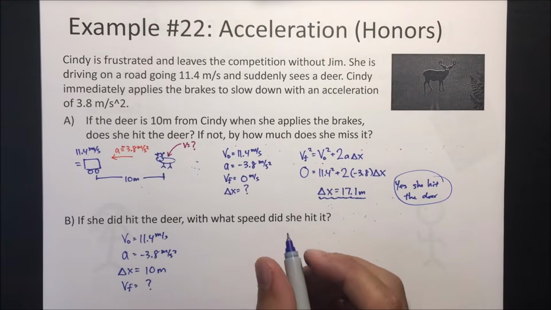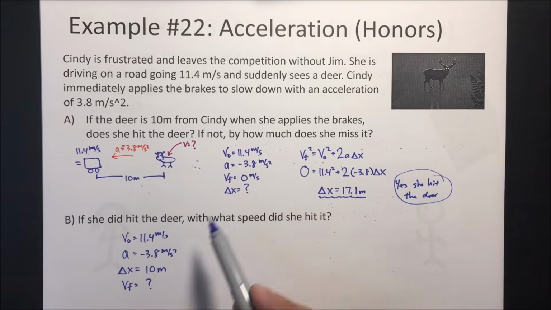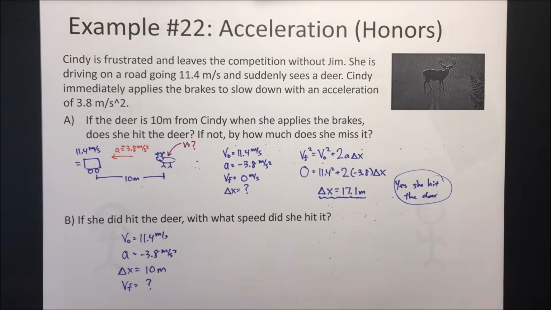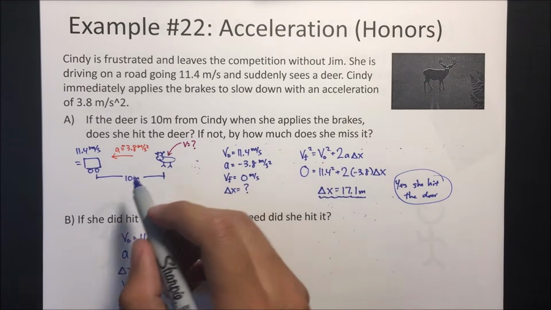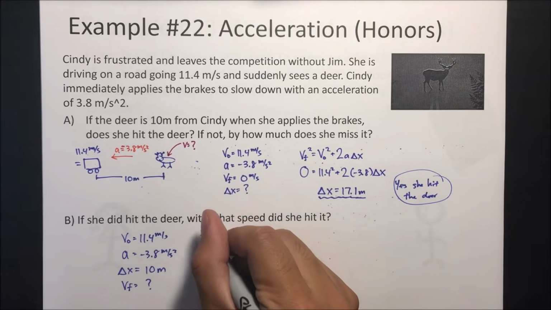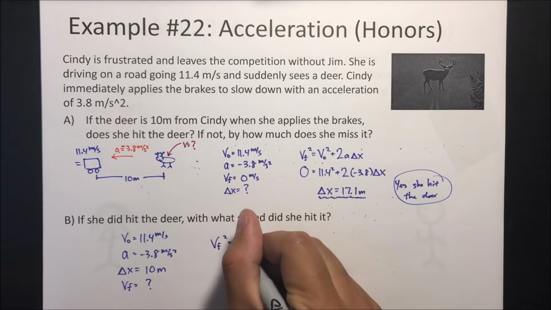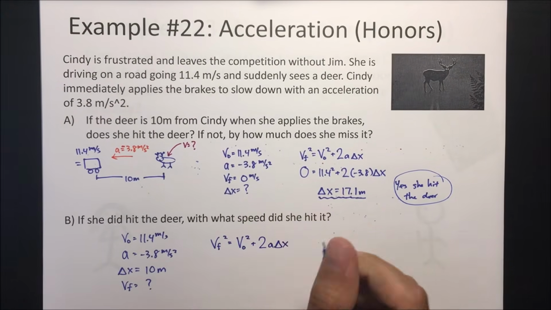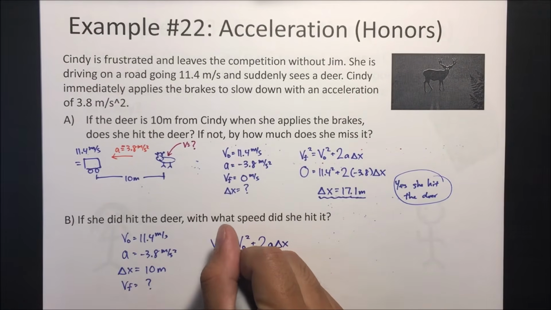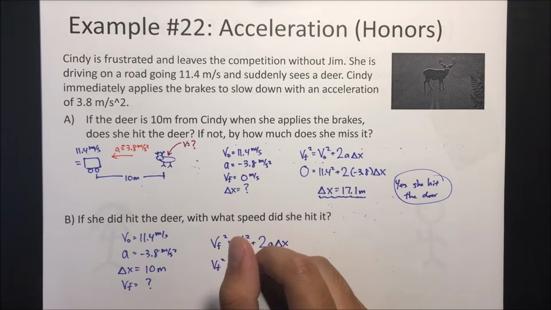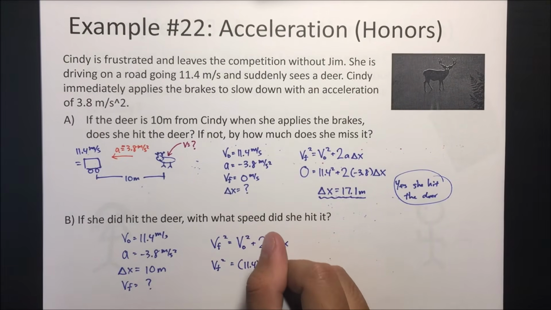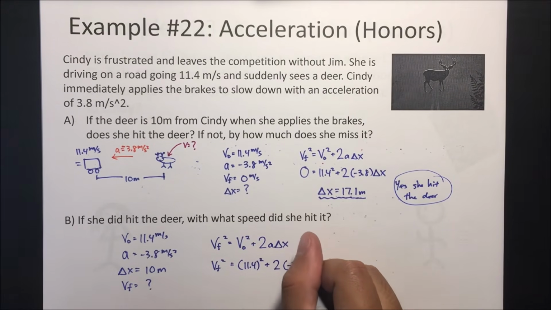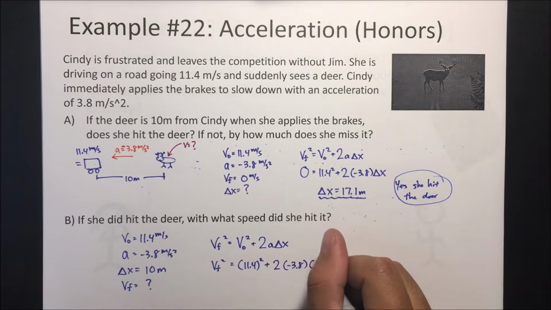We have the same variables here, different numbers. And we're going to try to find what this velocity is after 10 meters. So Vf squared is equal to V initial squared plus 2a change in x. Vf squared is equal to V initial squared, which is 11.4 squared, plus 2 times acceleration negative 3.8 times displacement, which is 10.